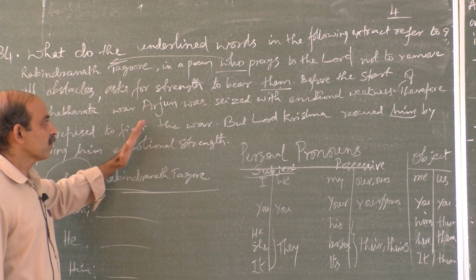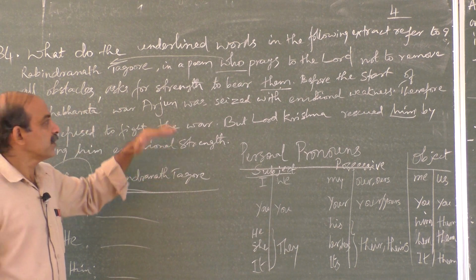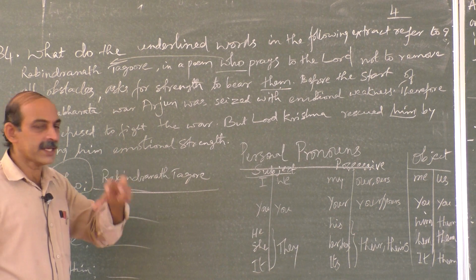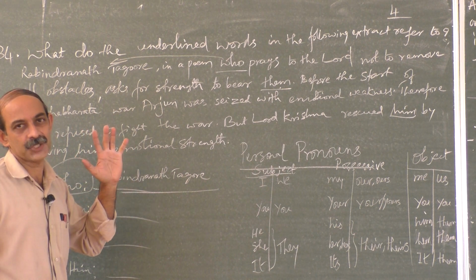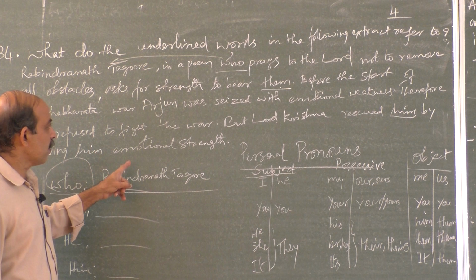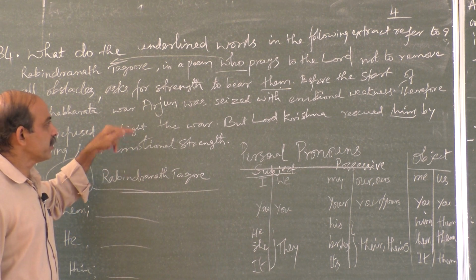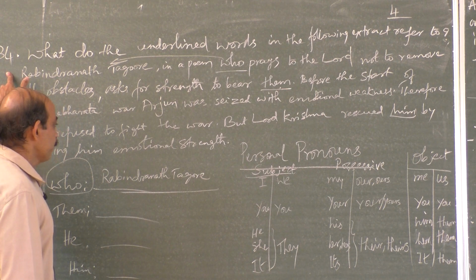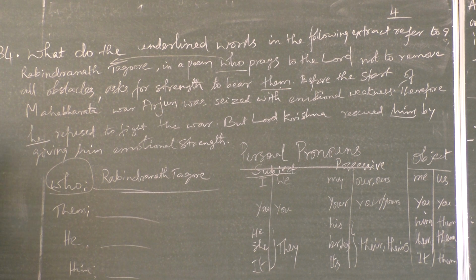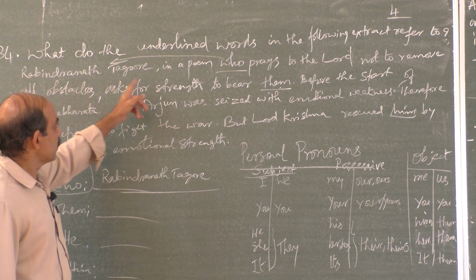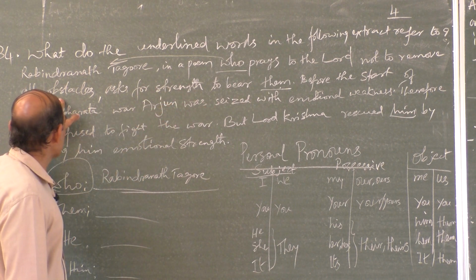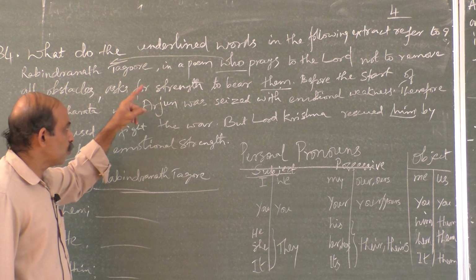Most often, as per the guideline, this paragraph is extracted from the very passage that has been given for comprehension, the unseen passage, from which question number 34 has been framed. And this passage has these many pronouns. So when you read Rabindranath Tagore in a poem, who prays to the Lord not to remove all obstacles, asks for strength to bear them.